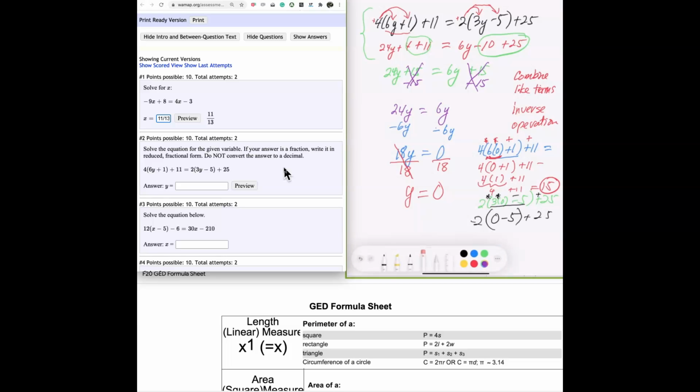I'm sorry, that looks like a negative, but it's not. And so 0 minus 5 is negative 5, times 2, plus 25. And so 2 times negative 5 is negative 10, plus 25.